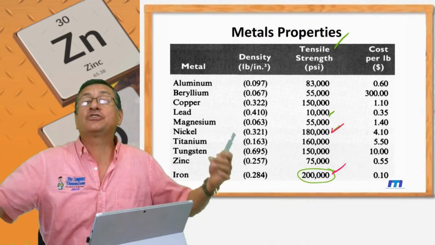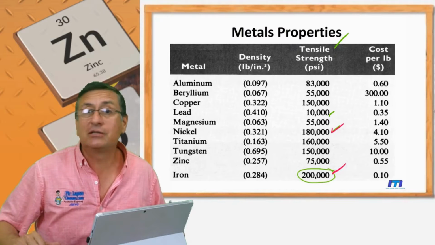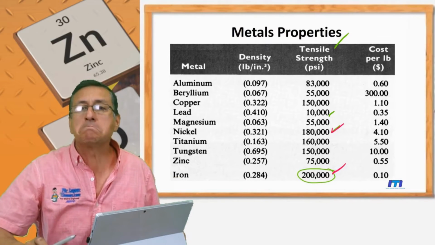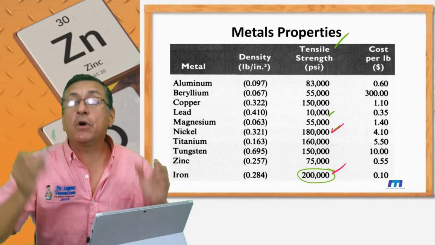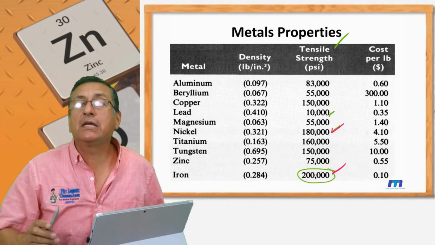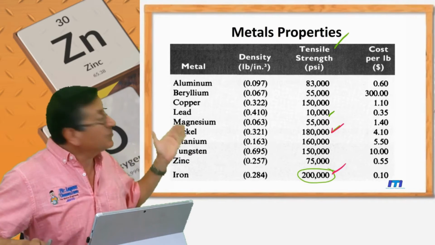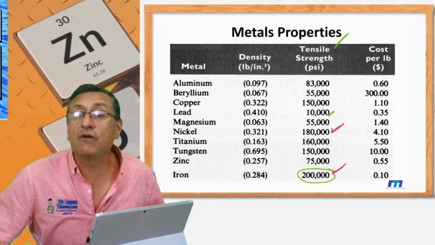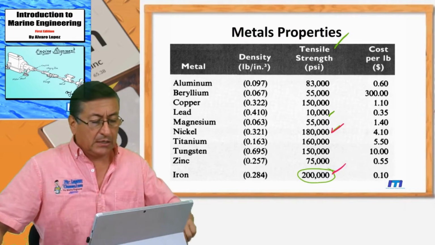Lead is good to shield against radiation, but it's not good in tensile or torsional strength. That's not good because the yield point and the breaking point are too close. Alright? That picture is very important. That picture is in your book of the intro to marine class.